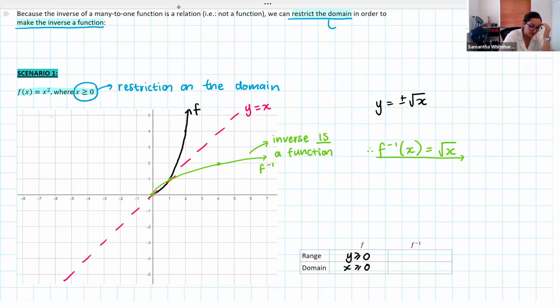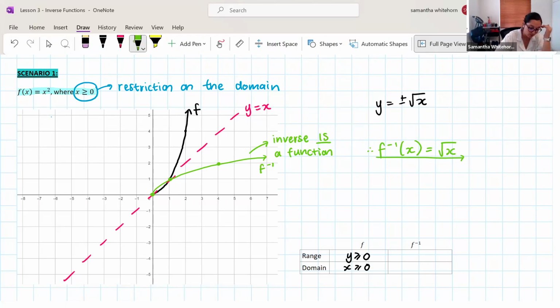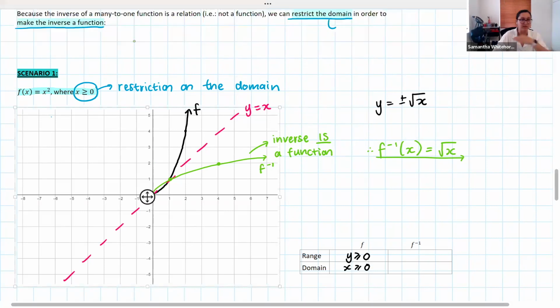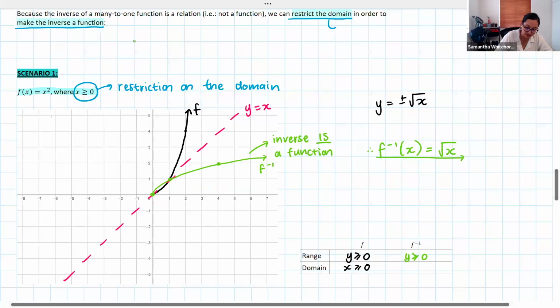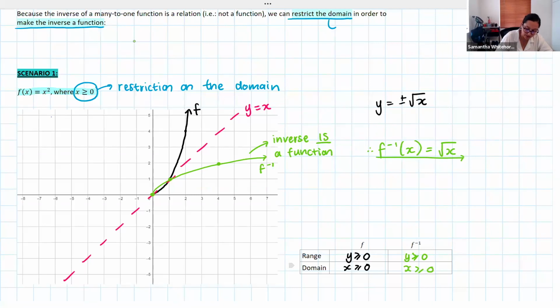Of my inverse function, the range is again all of these y values greater than 0 because it's above the x-axis. And your domain is all of the x values greater than or equal to 0. So there's nothing too special there, but you're going to see something really cool in the next scenario.